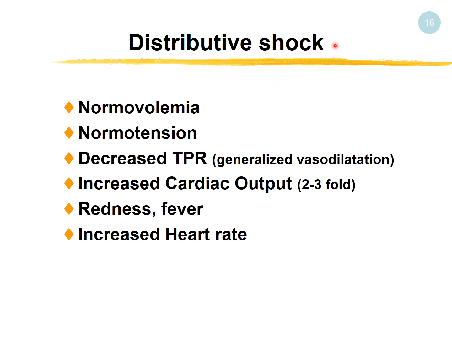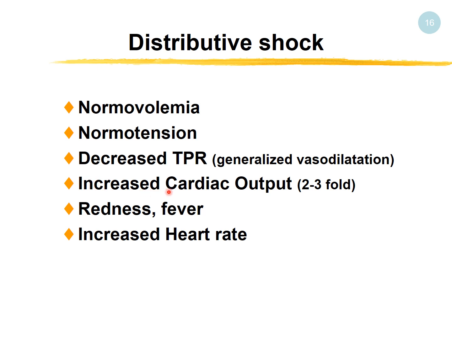The distributive shock, if you want to summarize the different categories. First of all, the patient has a normal blood volume. They do have a normal tension, and decreased total peripheral resistance due to the general vasodilation. So how can we maintain the normal tension?